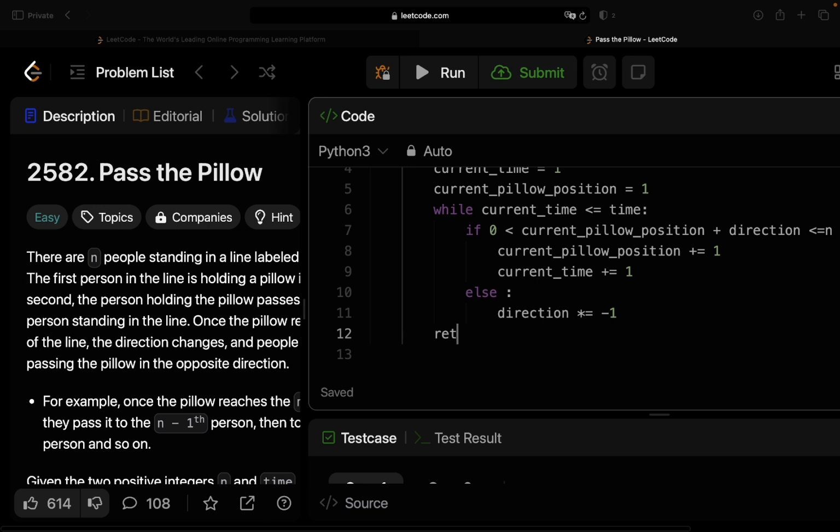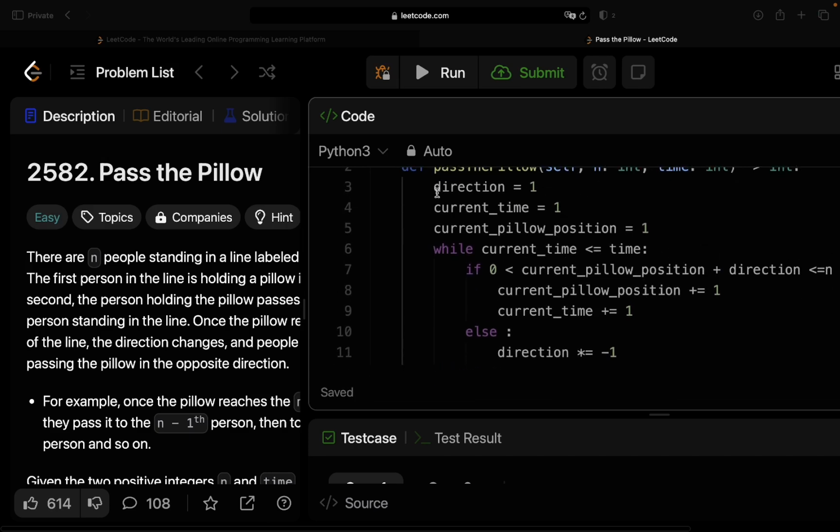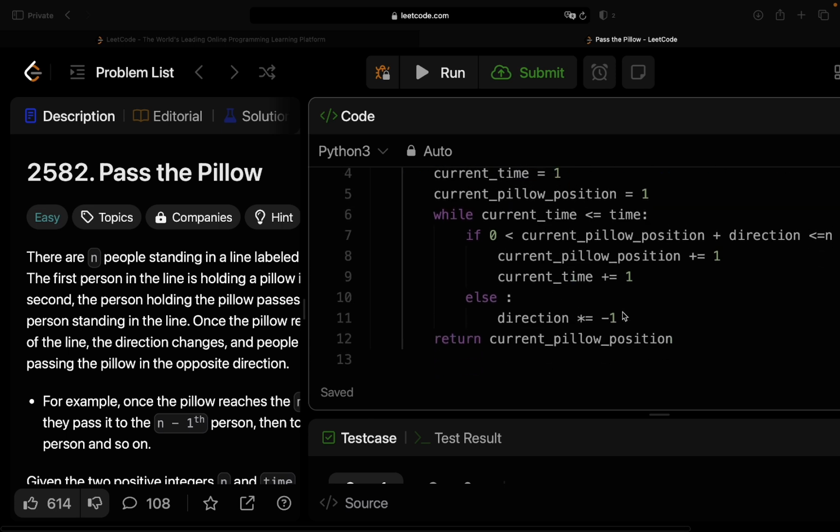So at the end, return current pillow position. So basically here we have the direction, which from left to right will be 1, from right to left it will be minus 1, because I'm multiplying by minus 1.